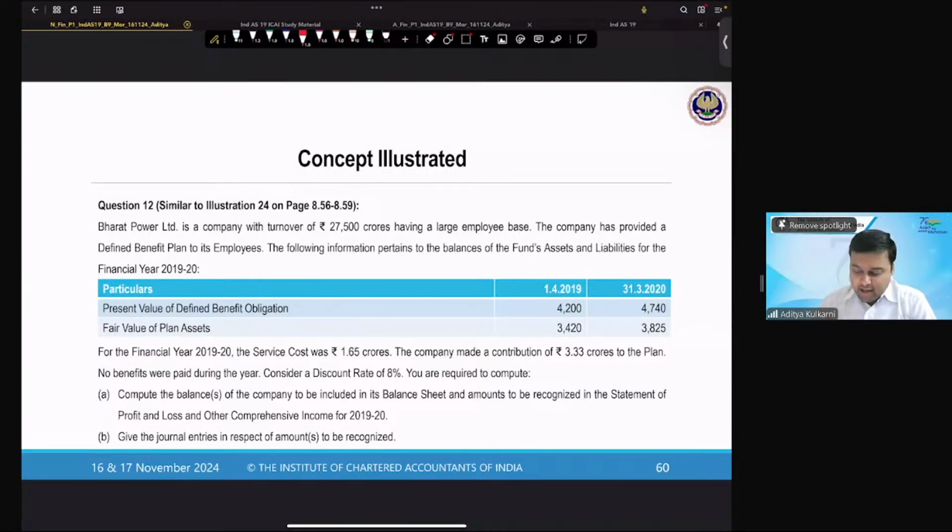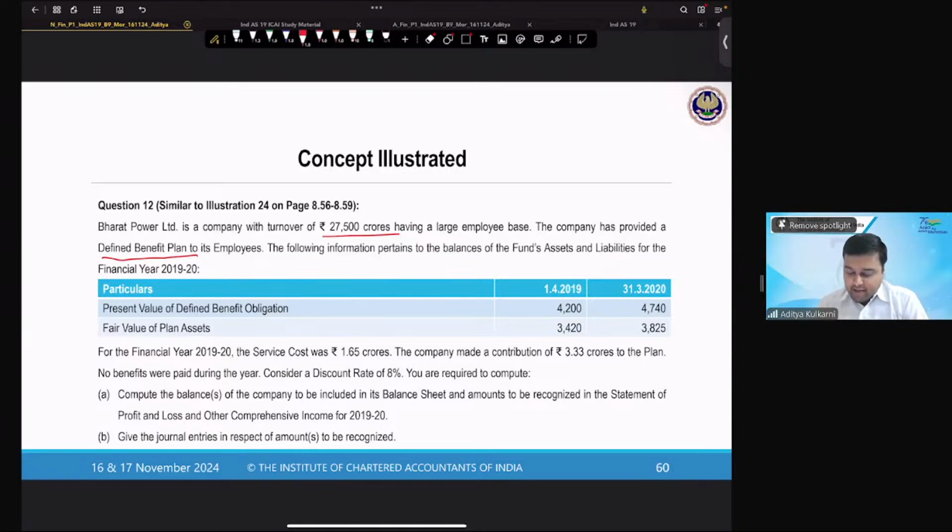Bharat Power Limited is a company with a turnover of 27,500 crores, having a large employee base. The company has provided a defined benefit plan to its employees. The following information pertains to the balances of the fund's assets and liabilities for the financial year 1920.